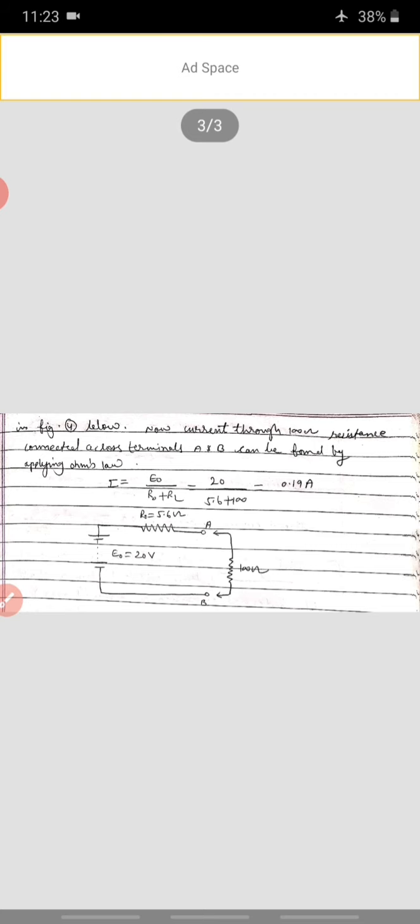Now the current through the 100 ohm resistance connected across terminals A and B can be found by applying Ohm's law.